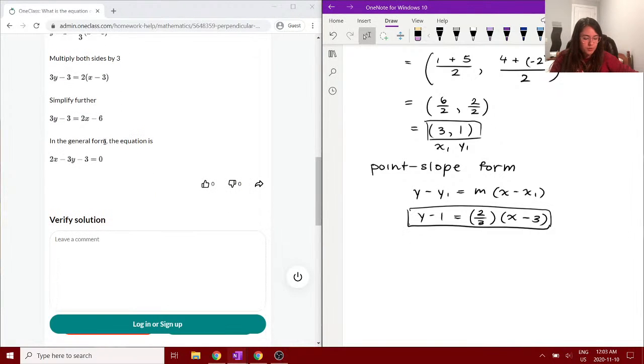This solution also gives it in general form, so if you were to distribute that slope of 2 over 3 into the bracket, you should get the same form. I think we're good for that. Let's say correct.